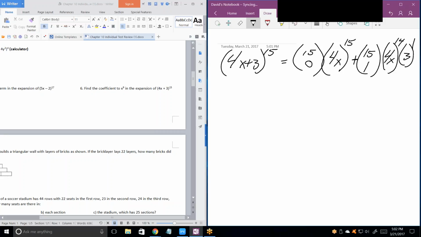So we want to know the 9th term. No, excuse me. We don't want to know the 9th term. We want to know the coefficient of the x to the 9th power. Well, that's clearly where the 4x is to the 9th, right?